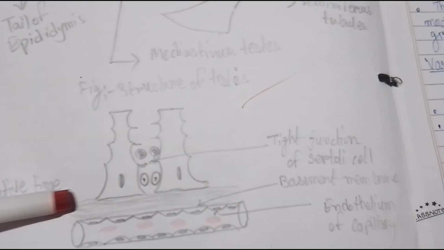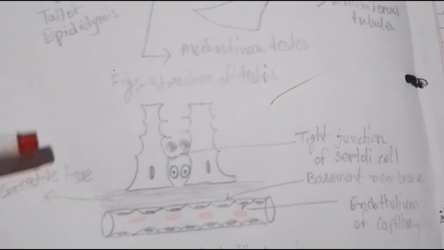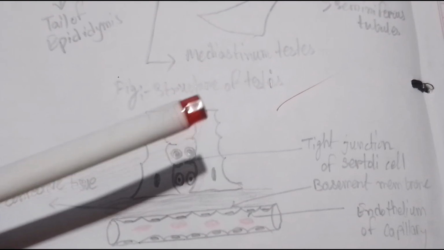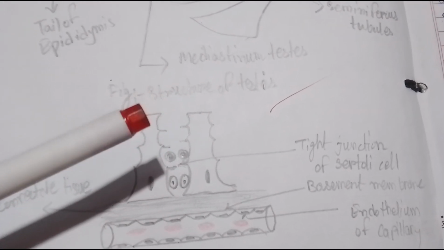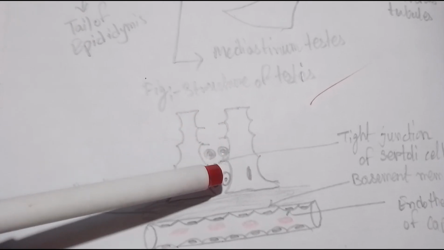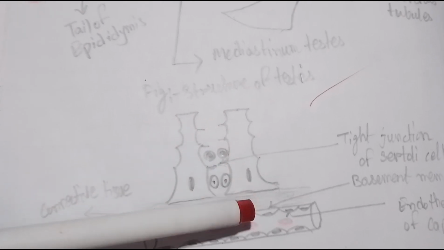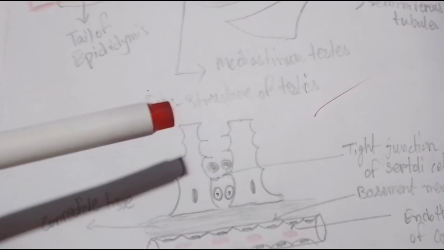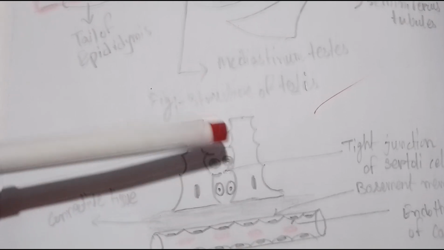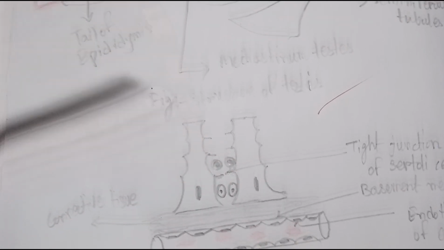This is the endothelium of capillaries, and they form a protective connection. They form a protective layer to support this primary spermatocyte, so that it does not get destroyed by our own immunity cell, as this has a different genomic sequence and genomic structure. That's why.